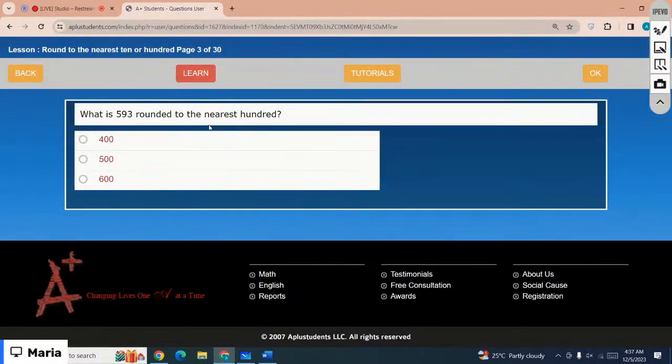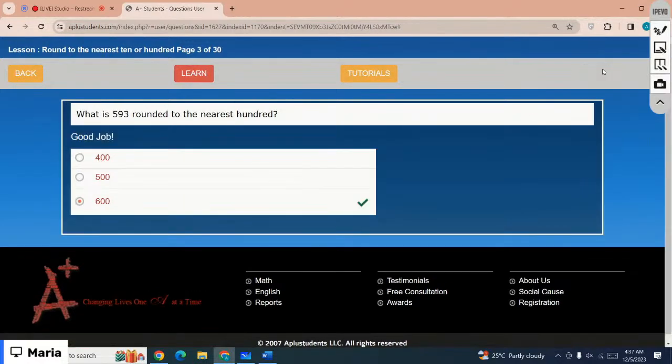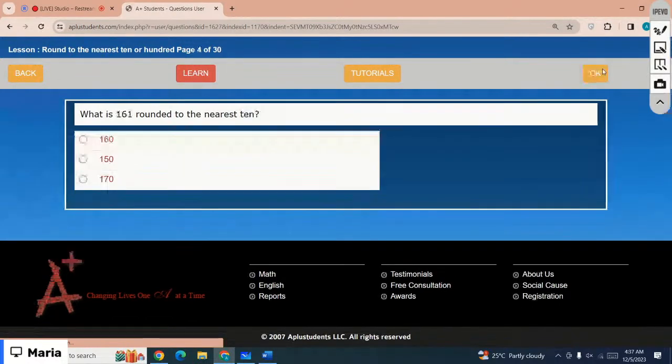Very good. What is 161 rounded to the nearest 10? 161 is rounded off to 200.